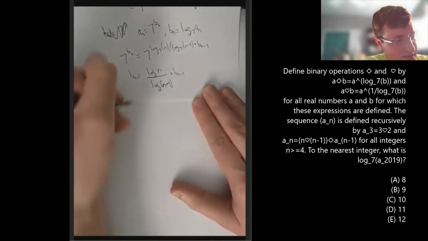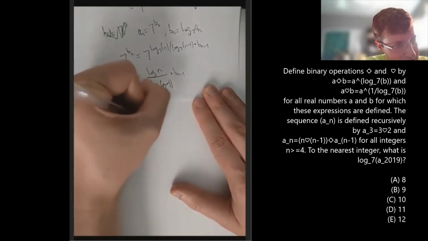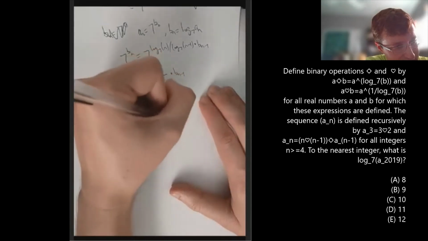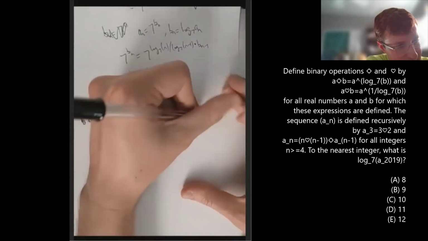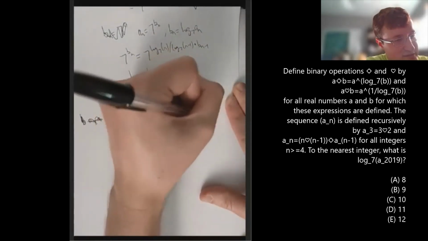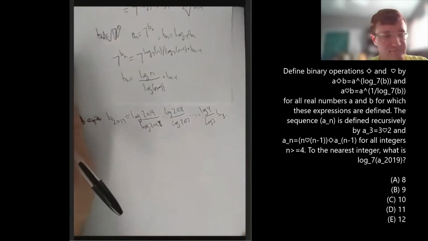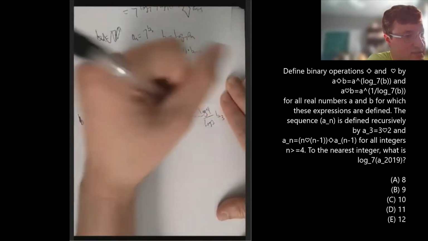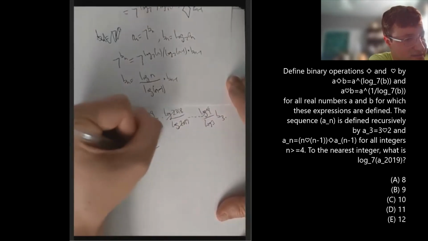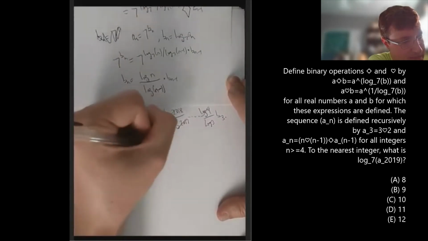And that's going to be log 2019 over log 2018 times log 2018 over log 2017, all the way down to log 4 over log 3 times B3. Okay, so I get log 2019 over log 3 times B3.